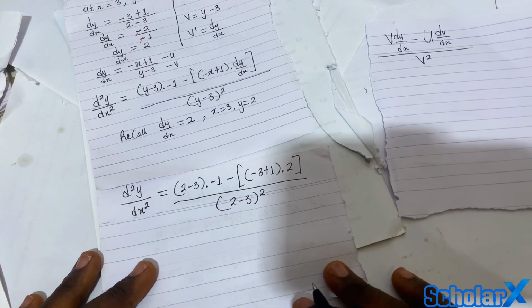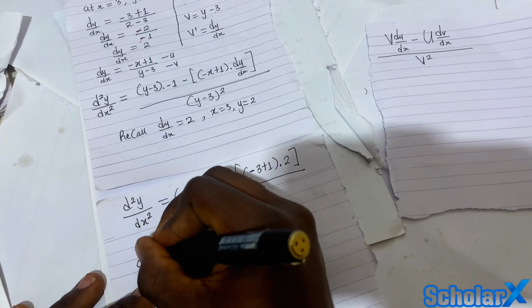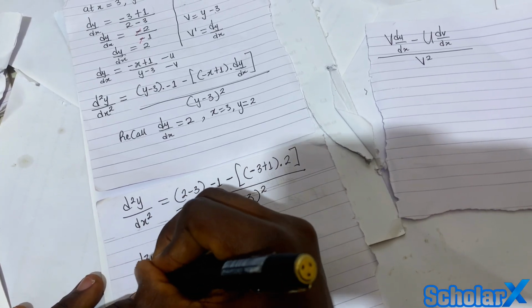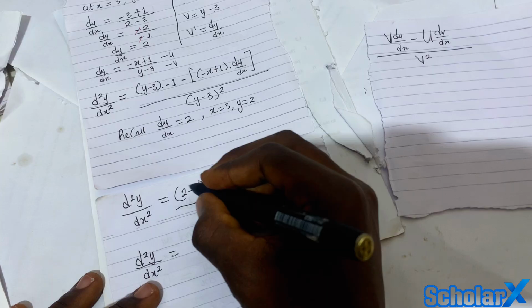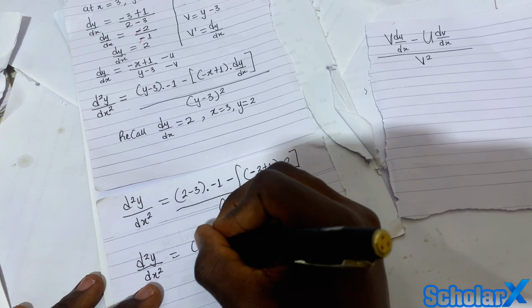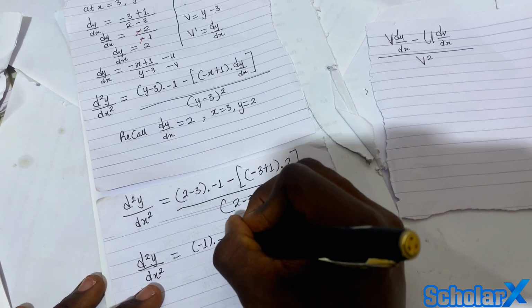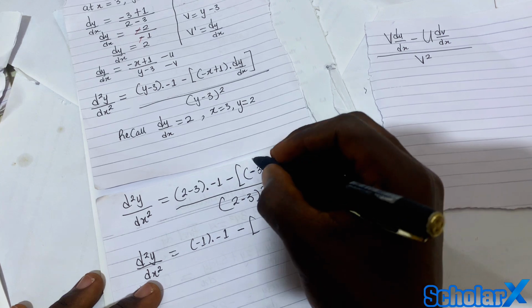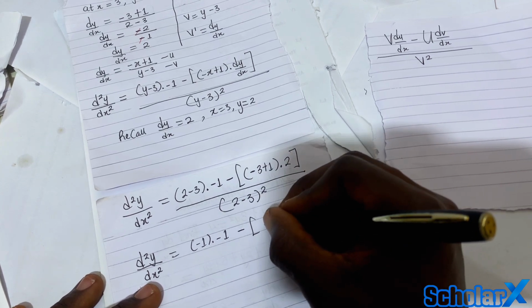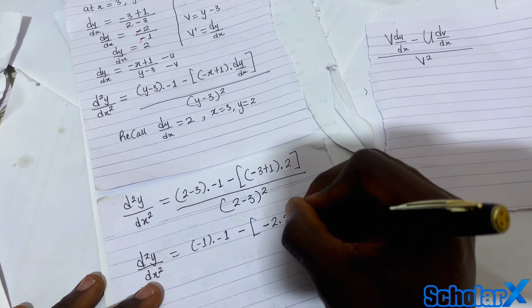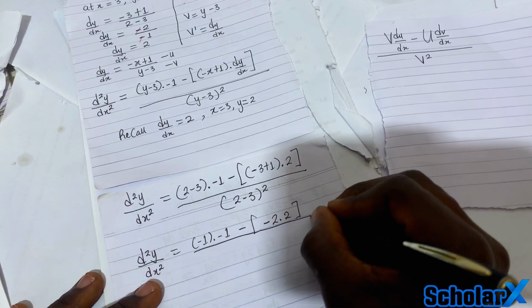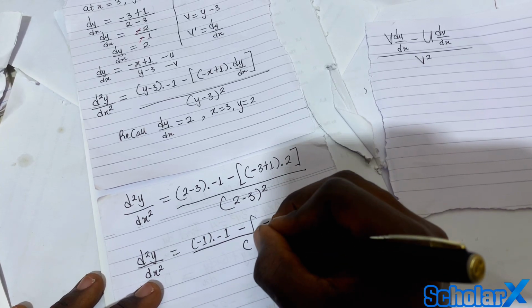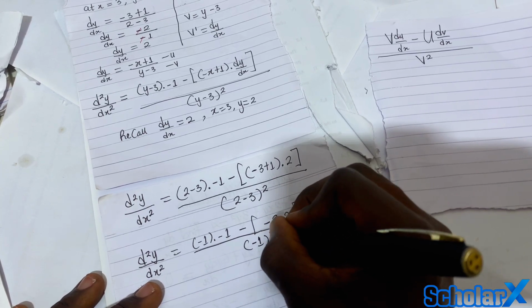All right, so d squared y over dx squared is equal to 2 minus 3, which is minus 1, multiplied by this minus 1, minus into bracket minus 3 plus 1 gives us minus 2, multiplied by 2. All right, all divided by 2 minus 3, that gives us minus 1 squared.